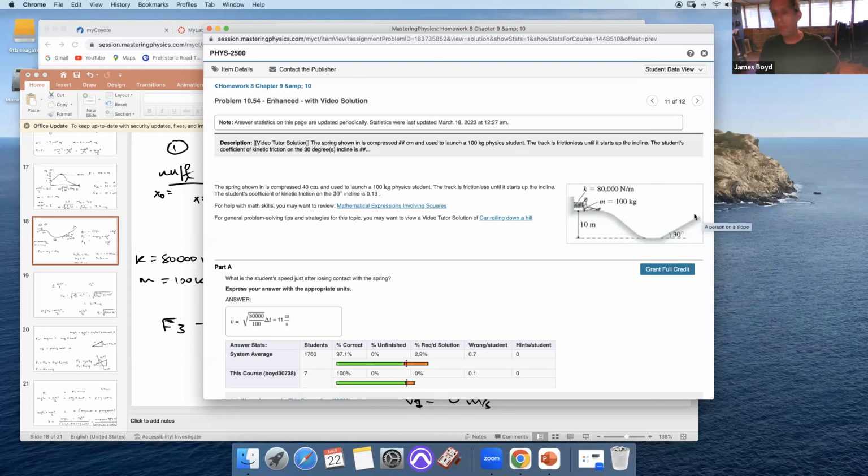As they start to go up, they start to lose energy, not just to friction, which is mu mg cosine times the distance along, but also they're gaining potential energy, mgh. So their final energy is going to be mgh, but they're also going to lose a certain amount. And you had to turn h into x so that you could solve for the distance up. And that's what we did here.